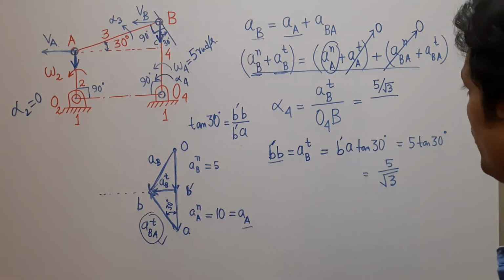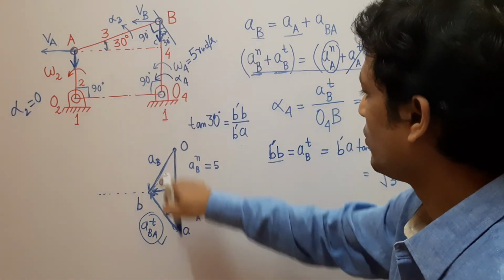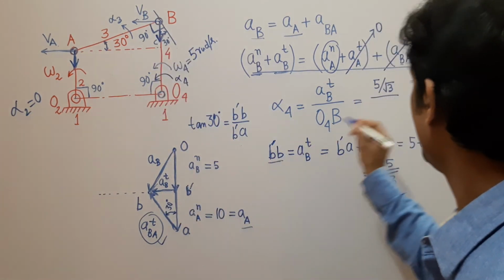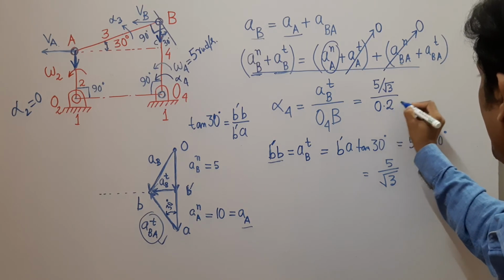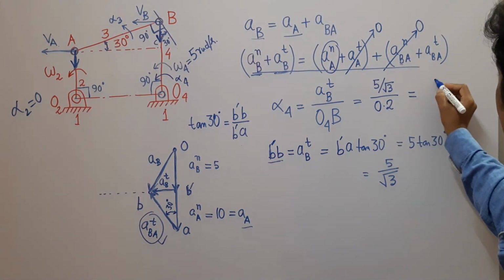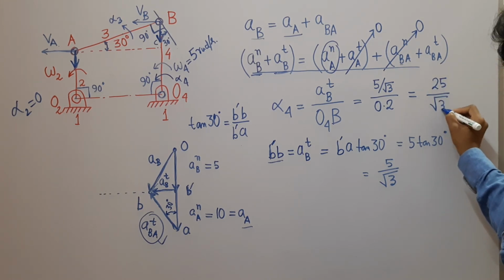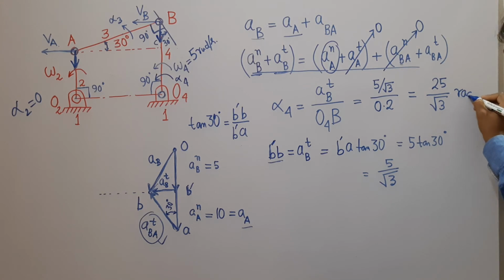And what is O4B? O4B is 200 millimeter, so 0.2 meter. So alpha 4 is 25 by root 3. The unit is radian per second square.